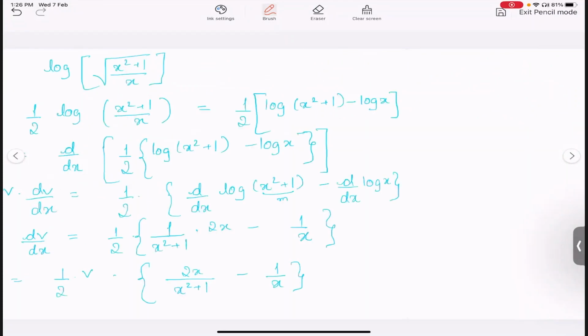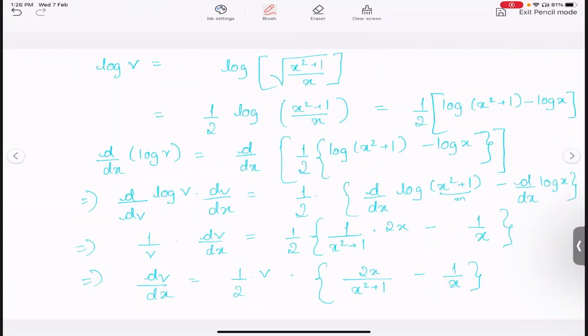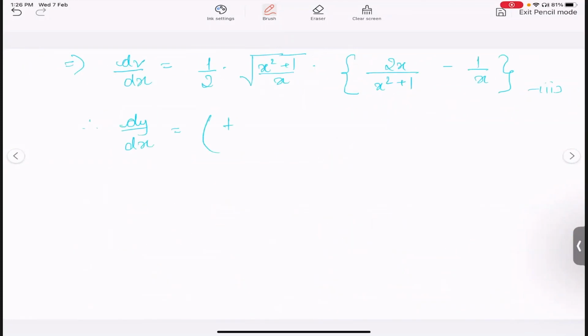It is too complicated to write it down, but let's do 10x by x plus log x times sec square x times x tan x plus half x square plus 1 by x.